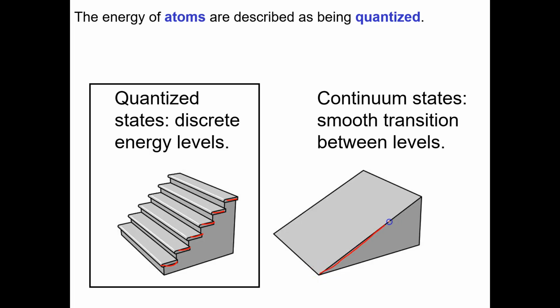However, if you are moving up a ramp, then your height will be stable at any value you want it to be. That is, your height is a continuum of states. It's not quantized. So this is kind of cool. We found out something really important about atoms by looking at these bizarre black body curves.